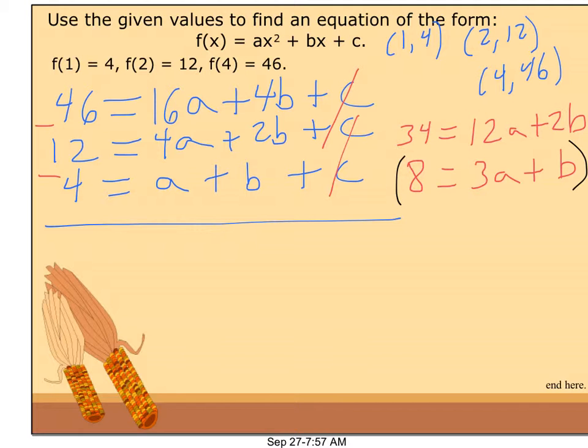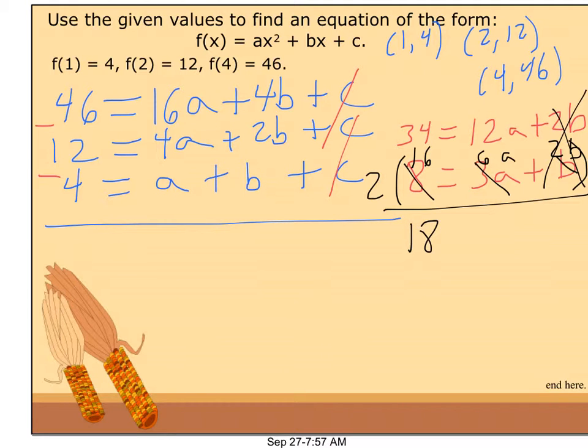I'm looking over here at the b's, and I'd like to multiply everything by 2, which would make this 16 equals 6a plus 2b. All right. Now I can already tell 2b minus 2b, that's going to cancel. 34 minus 16 is 18.